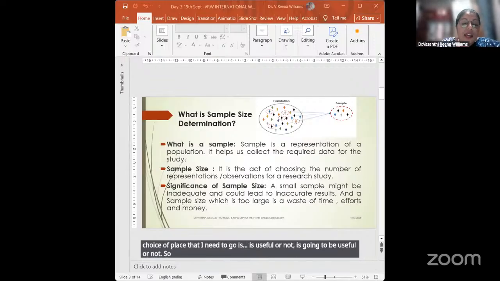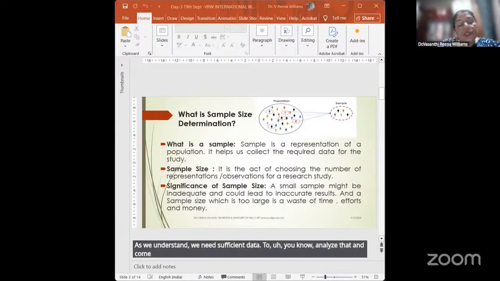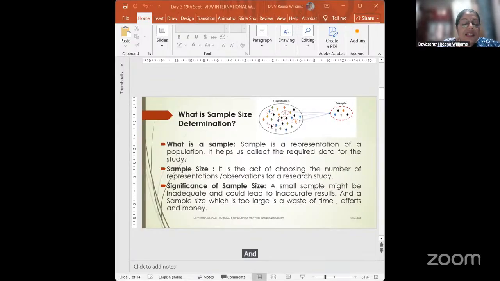So the yes or no that I collected is the data. We need sufficient data to analyze and come to a right conclusion. And for this we require a sample.